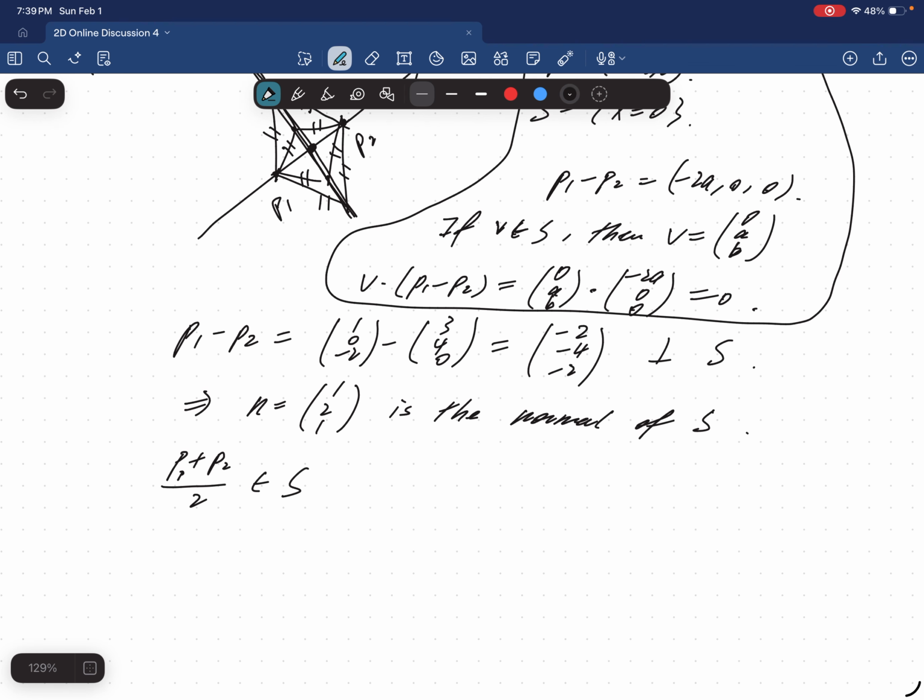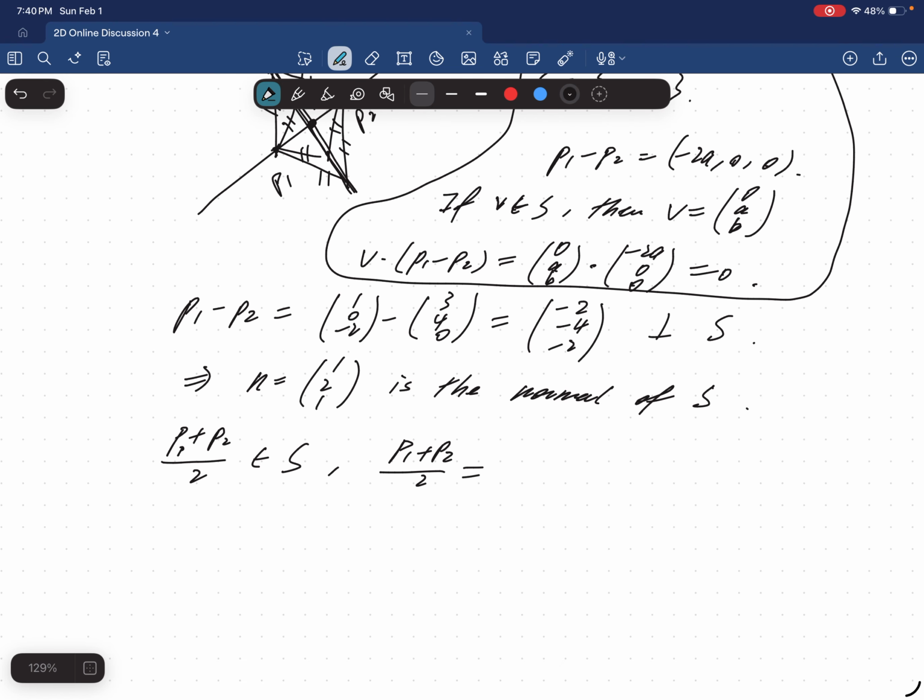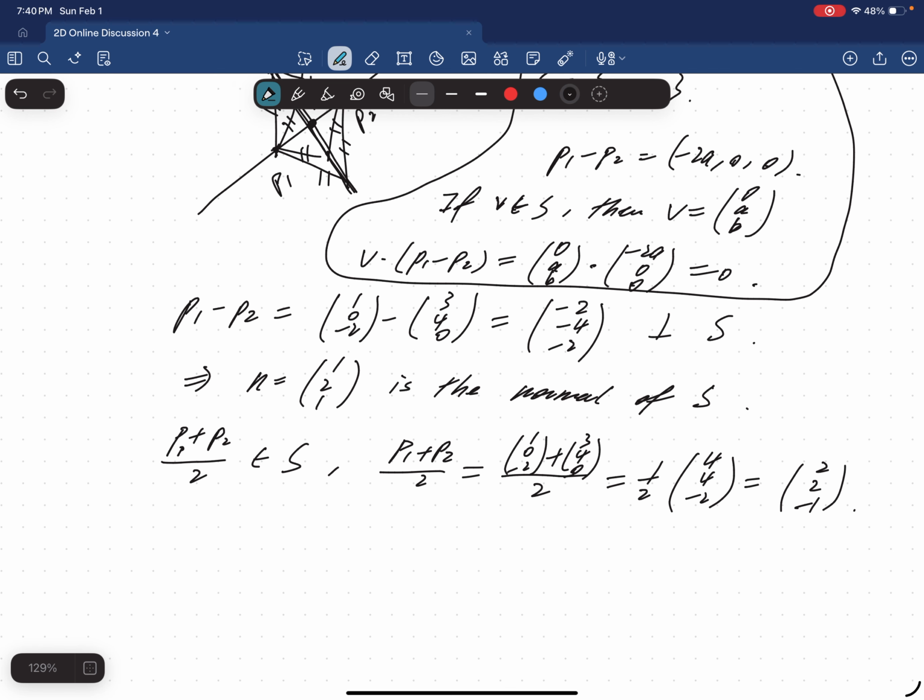So this one must be in S. And (P1 plus P2)/2 is just 1/2 of (1, 0, -2) plus (3, 4, 0). So this is 1/2 of (4, 4, -2). And so this is (2, 2, -1).